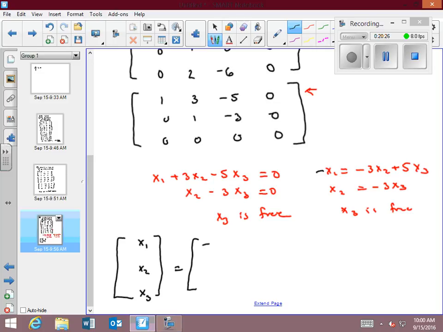X1 is minus 3x2 plus 5x3. And then I put this one for x2, 3x3. And then I put x3 because it's free. It can be whatever it wants.